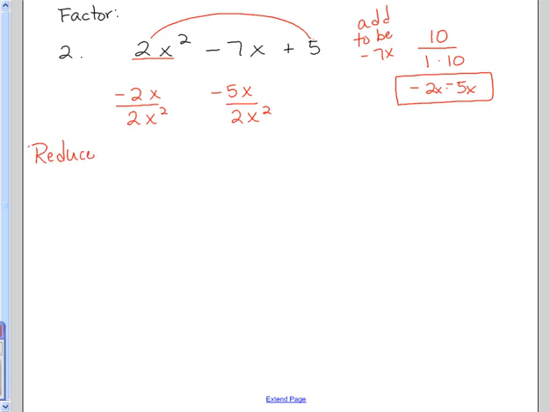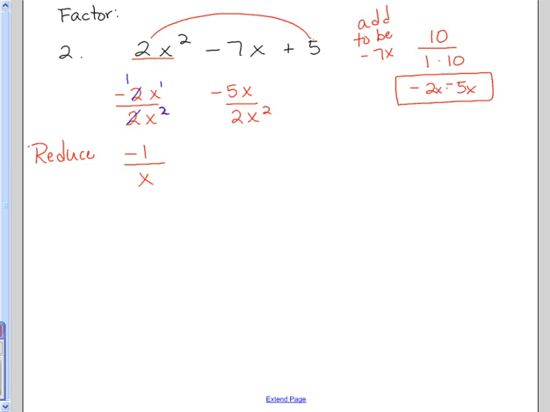If I reduce negative 2x over 2x squared, 2 will go into 2 one time. So I'm left with negative 1 in the numerator. X to the first over x squared will leave me with 1x in the denominator.